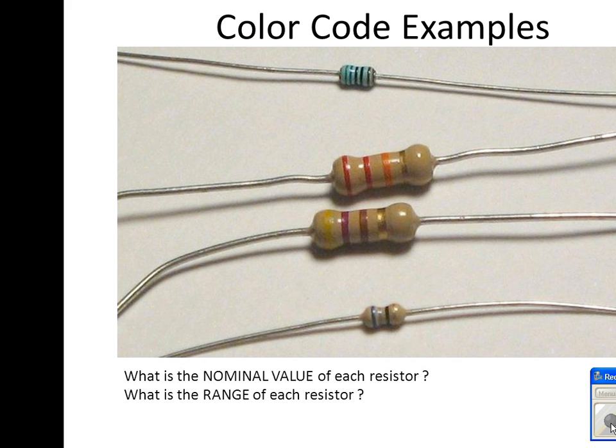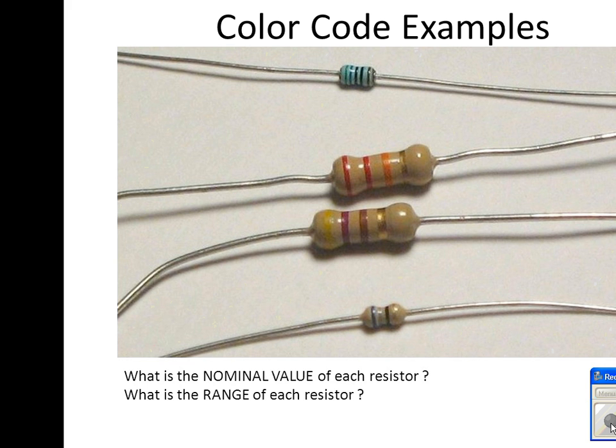All right, let's go to our next one, yellow, violet, brown, gold, which I would have never parsed out looking at that. Jack, tell us what the resistance of that one is. 470 ohms. Now, if it's got a gold tolerance band, what is its tolerance? 5%, that's right.